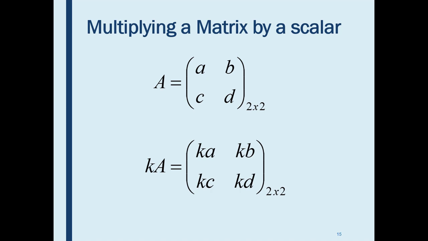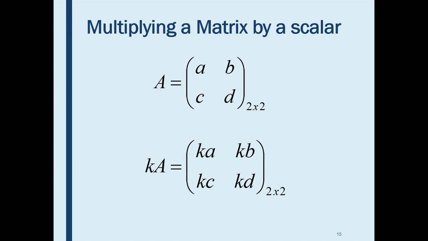Moving to an example, let's consider a general matrix A which has the elements a, b, c, d and order 2 by 2. Let's consider matrix kA, that is the multiplication of the matrix by a constant scalar value k.